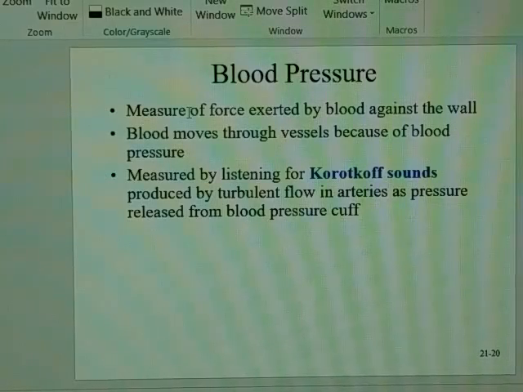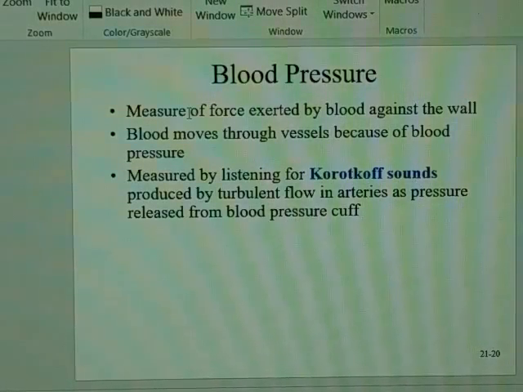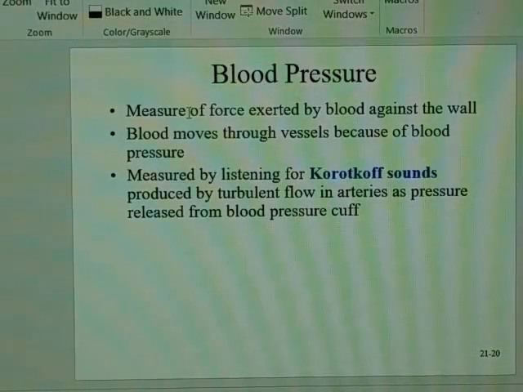So we usually measure it using what we think of as the blood pressure cuff, where we put it around the arm. And blood pressure is measured in terms of millimeters of mercury. For example, if we think about a blood pressure of 120/80, well, that 120 means 120 millimeters of mercury.